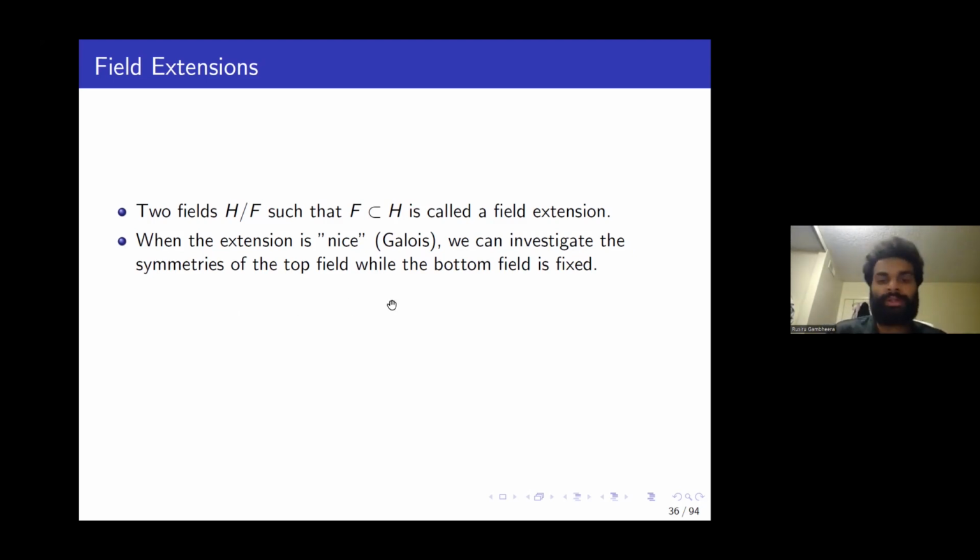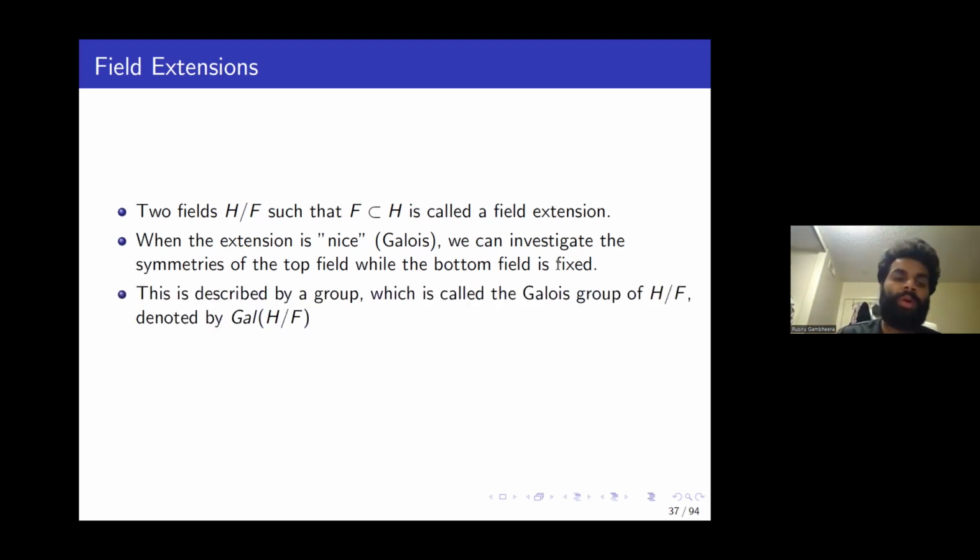And we have another condition: we also want to keep the bottom field fixed without changing it. So what are the symmetries? Shuffling around of the top field without breaking the field structure while keeping the bottom field fixed. That gives us a group which we call the Galois group of this field extension. It is denoted by Gal(H/F).